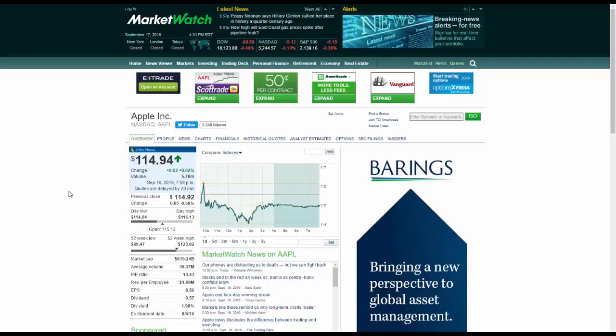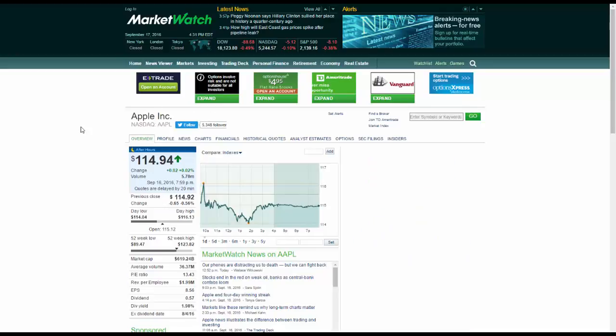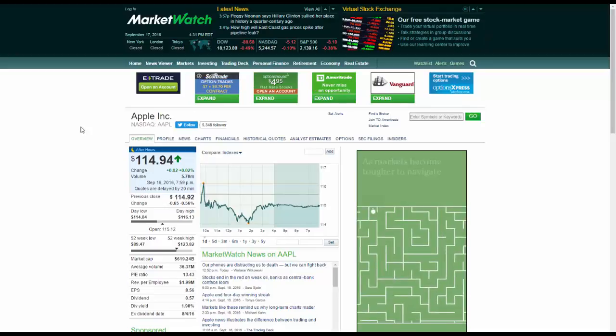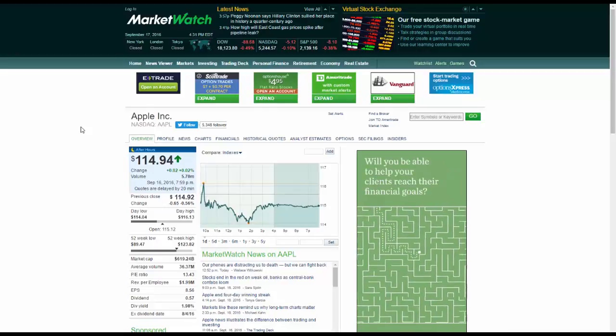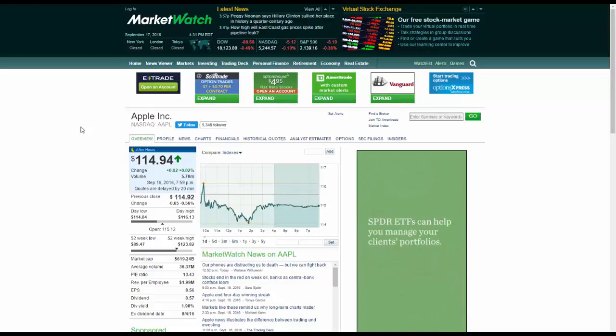So dollar cost averaging, an example of that is putting $500 into Apple stock, or putting $250 into Apple stock and $250 into Microsoft stock on the first of every month.